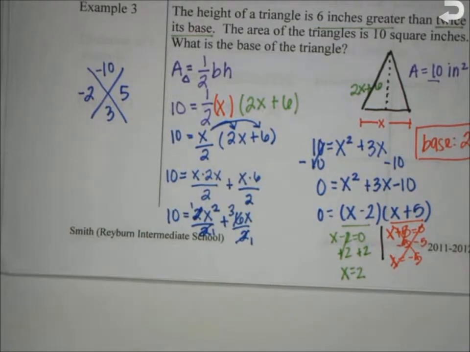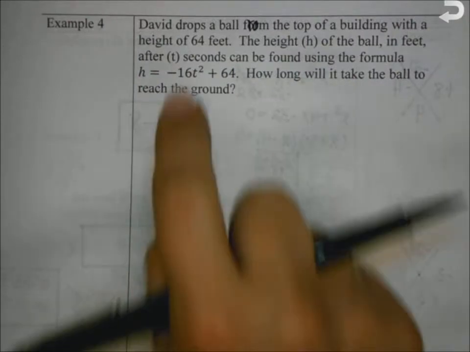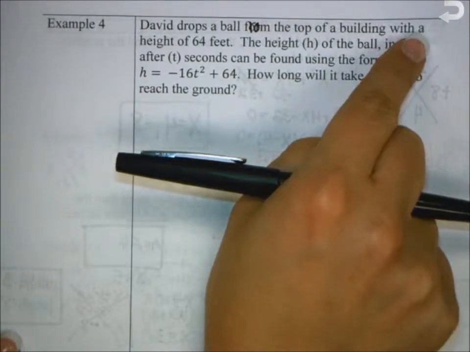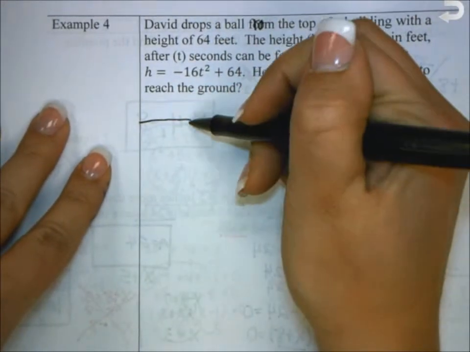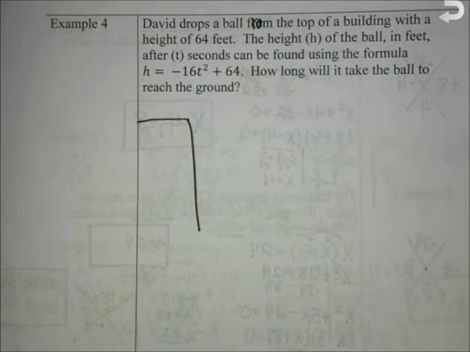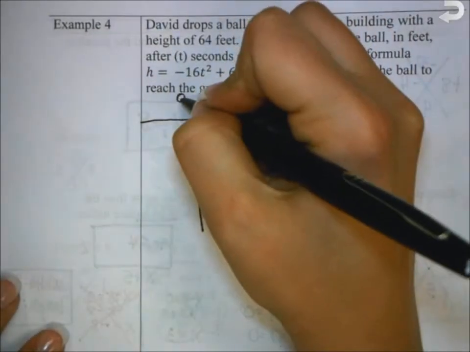Okay, building with a height of 64 feet. So I'm going to draw that building right now. He's on the top of a building. Here's David. Okay, he's wearing a little baseball cap. And he drops the ball from the top of a building.